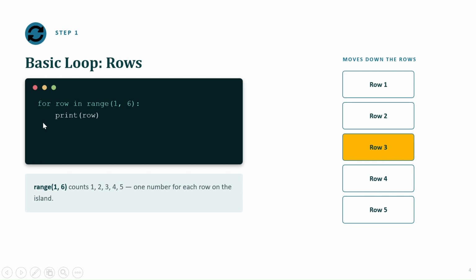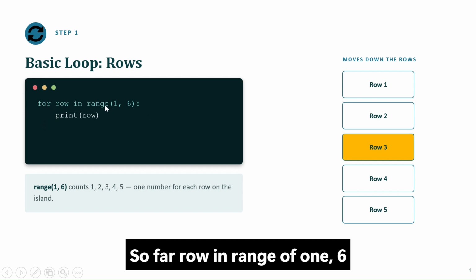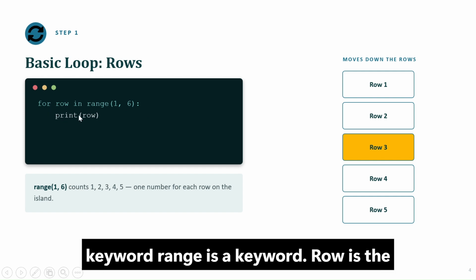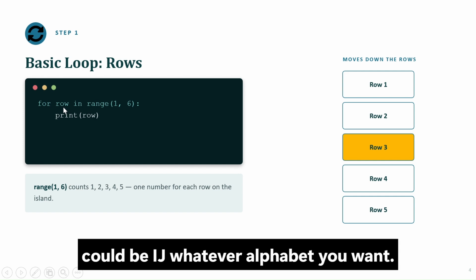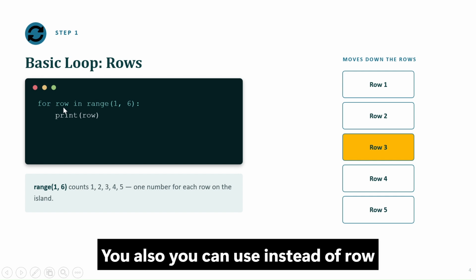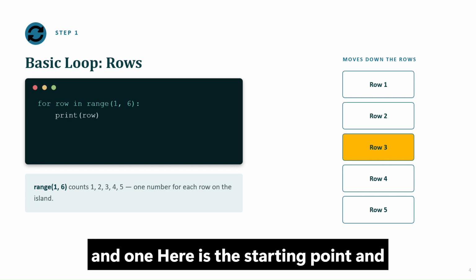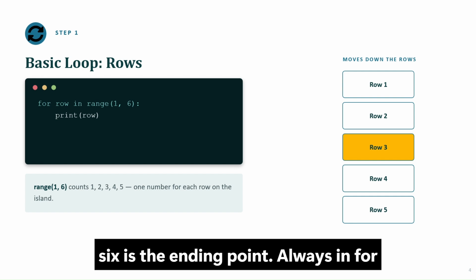For row in range of 1 comma 6. Here for is a keyword, in is a keyword, range is a keyword, and row is the name that the user chooses. It could be i, j, whatever alphabet you want, instead of row. 1 is the starting point and 6 is the ending point.